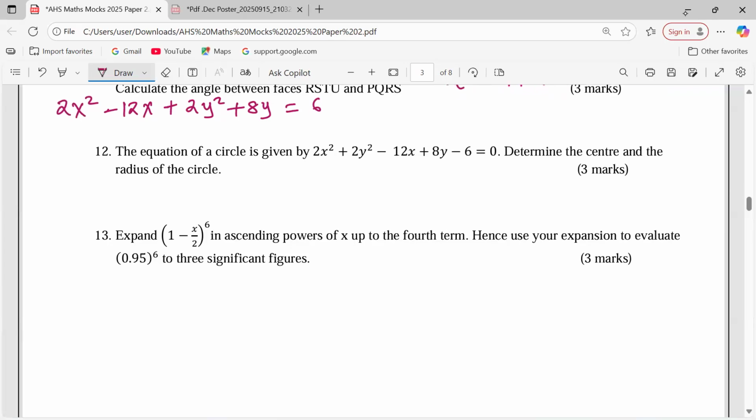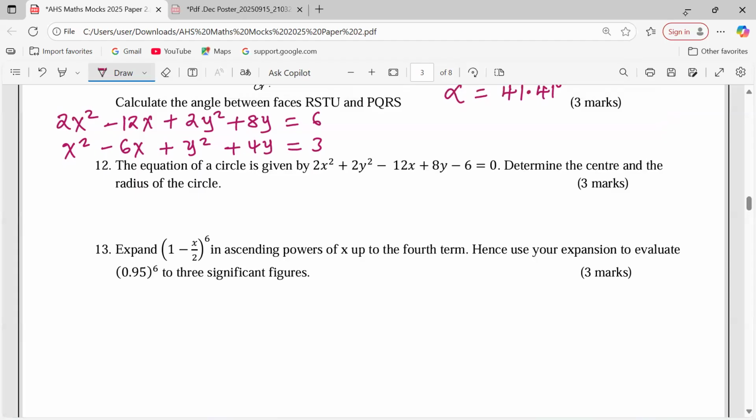So for you to solve this one now, you're supposed to apply what you call the completing the square method. First, you ensure that the part which is squared has a coefficient of 1. So you divide through by 2 to leave this as x squared minus 6x plus y squared plus 4y equals positive 3.